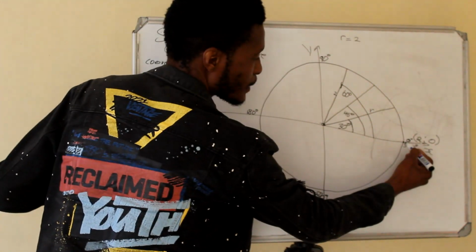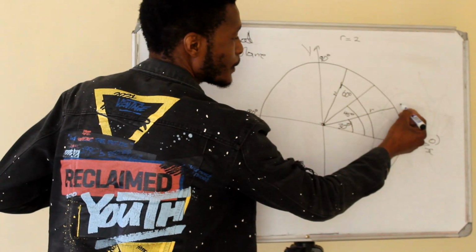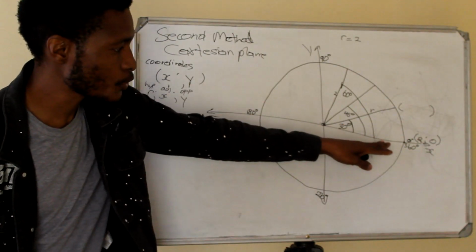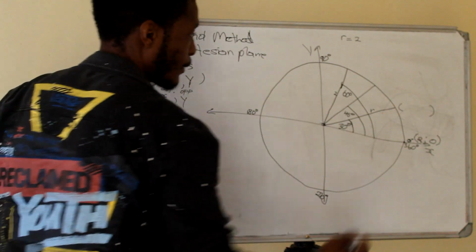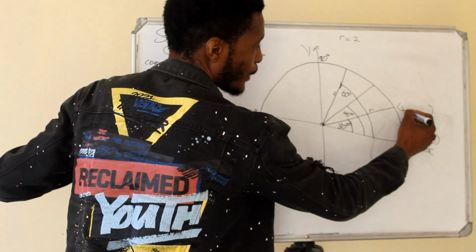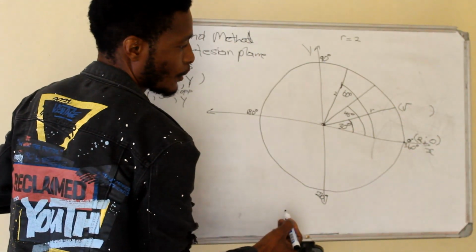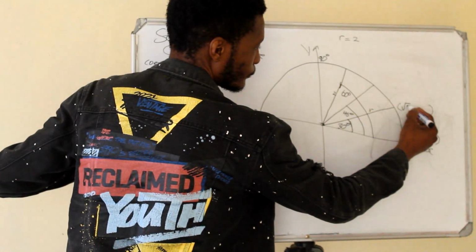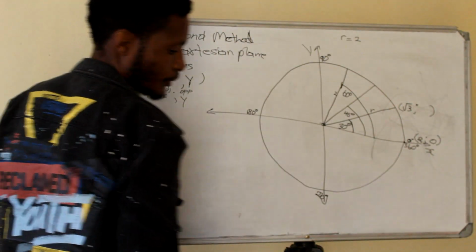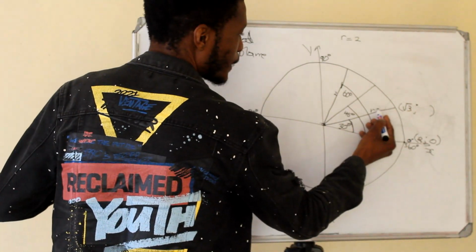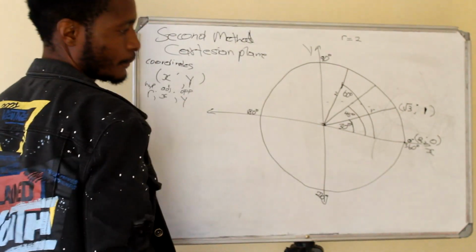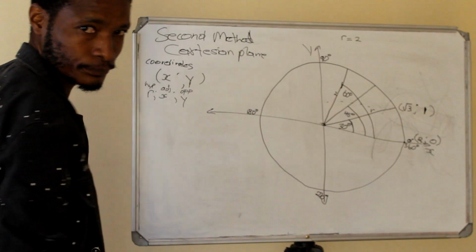So that's my coordinates for this first point. Coordinates of the second point: now I can talk about x being 2, but it's going to change now. That's where you're going to get your x being the square root of 3, and your y being the coordinate against that line, which is 1. Okay, you see it, right?